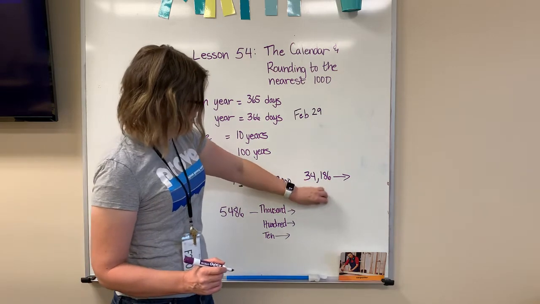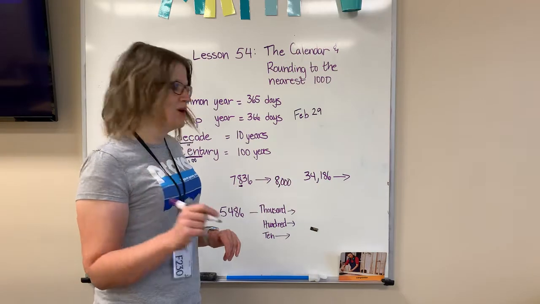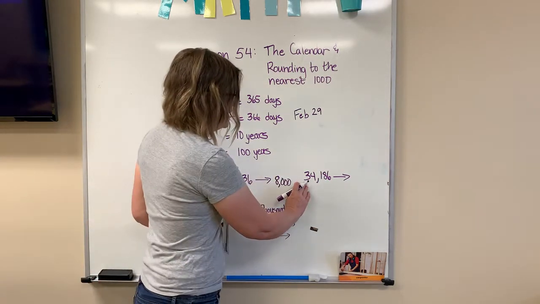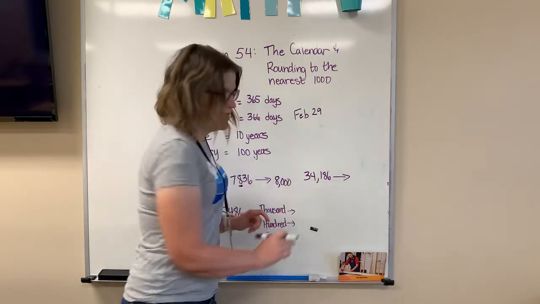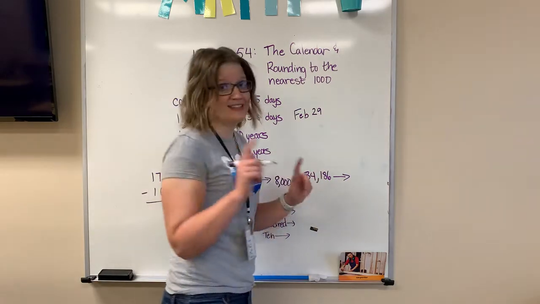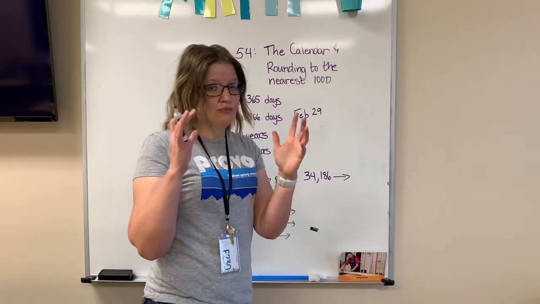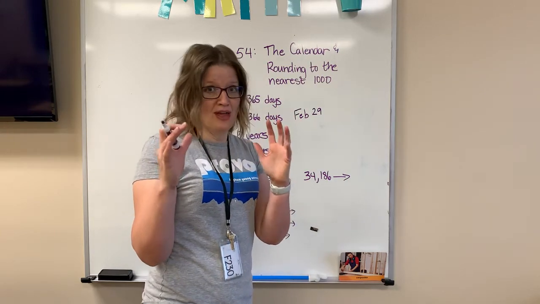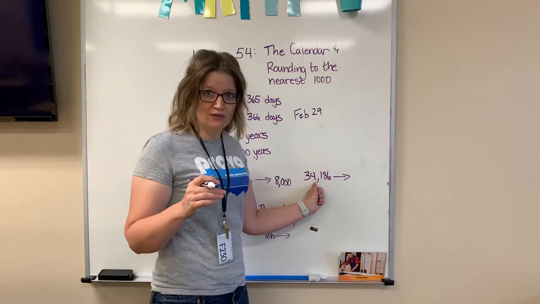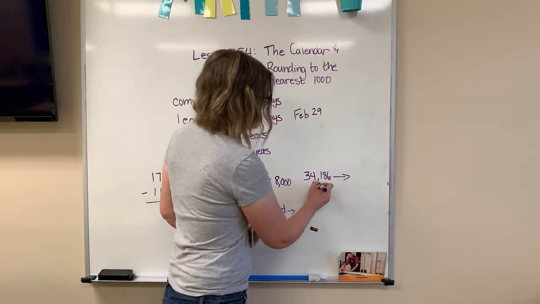Here's another example. We have 34,186. They want us to round to the nearest thousand, and that's where we have our 10,000, and that's where we have 1,000. It didn't say 10,000, it said to the nearest thousand, so don't be messed up on that, okay? When they say 1,000, we go to the place value for the 1,000 mark, and then we go next door.